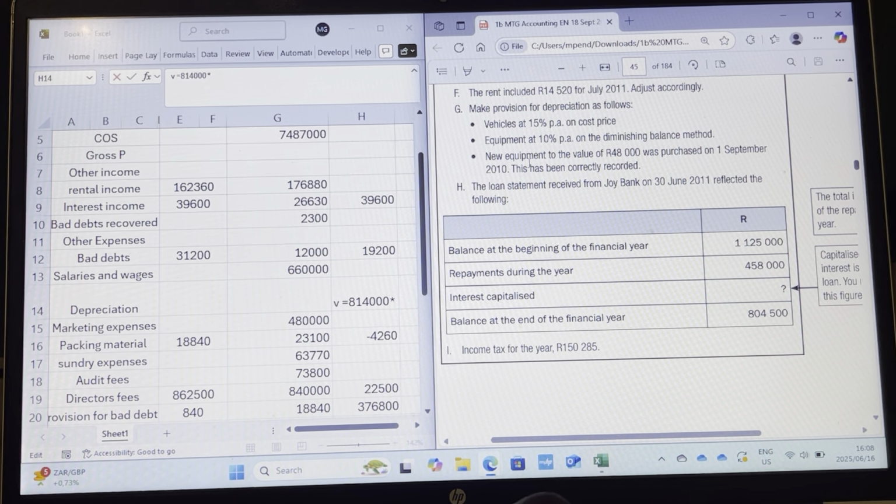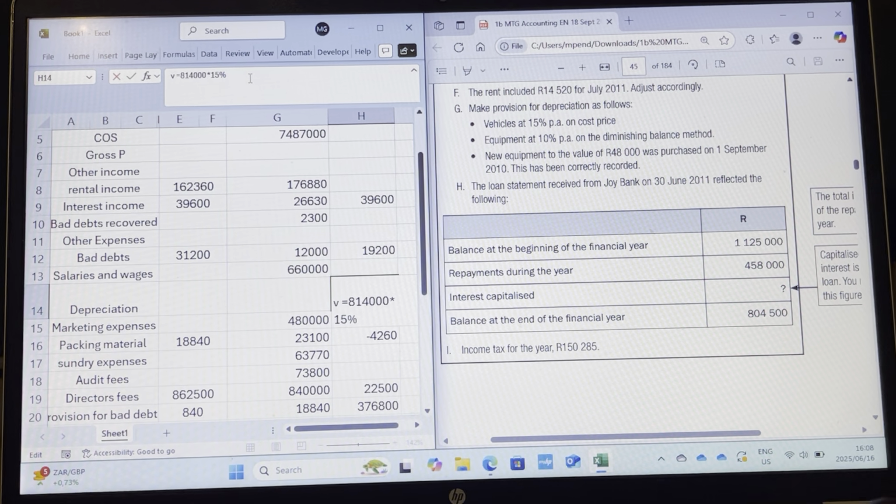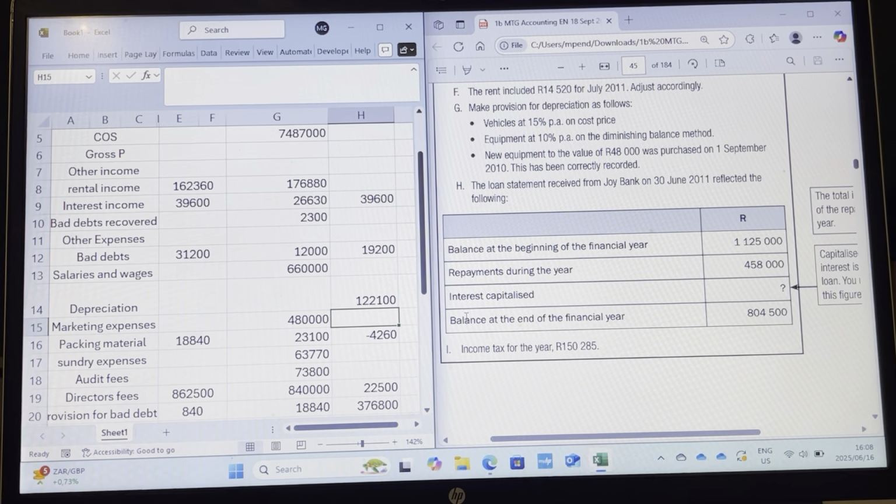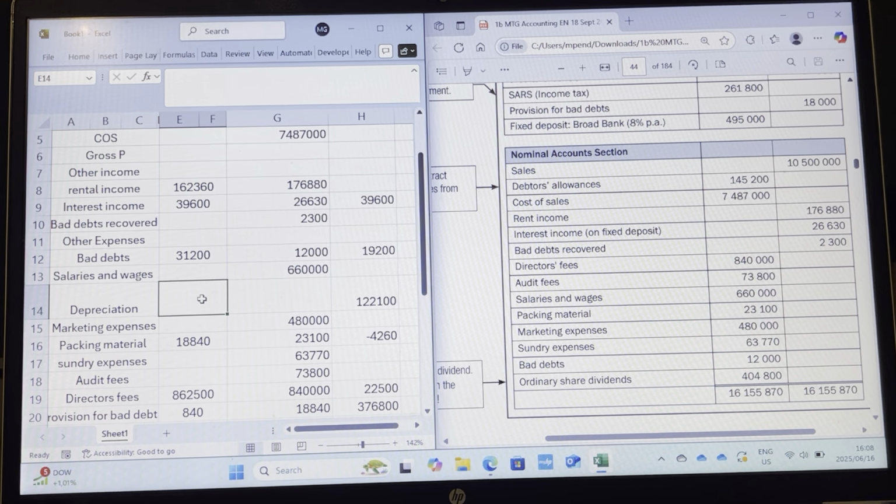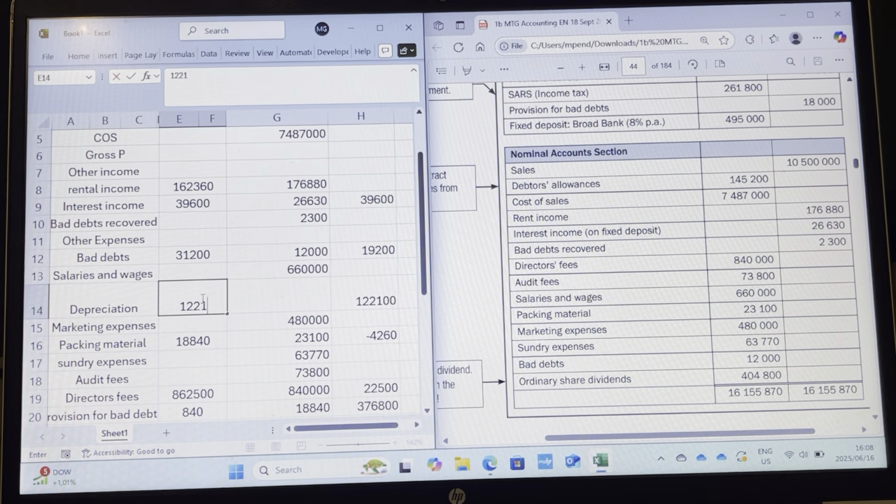It's 15%, so I need 15% of that. Let me put my brackets. Okay, I'm going to have to remove this V, it's disturbing my formula. So it's 122,100. I'm just going to include that for now, and I'm going to calculate the one for equipment now.